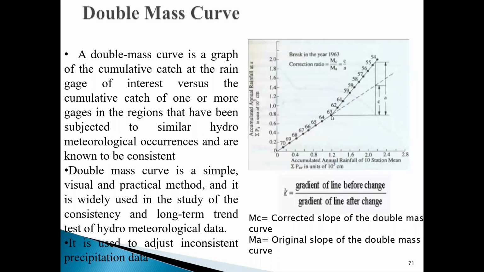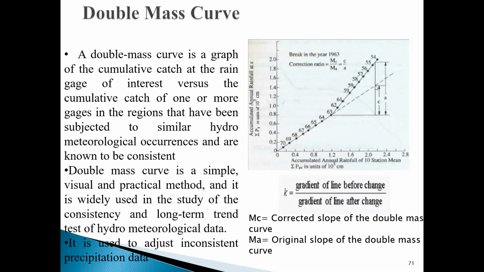But in the year 1963, there is a change in the rainfall recorded at this particular station due to the change in the surrounding environment. Now, we have to adjust these records after the change in the environment to be compatible with the consistent record. So the records that have been recorded at this particular station have to be adjusted for the present environment so that they will have consistent values. Here, this is the slope of the straight line plot, that is y by x.